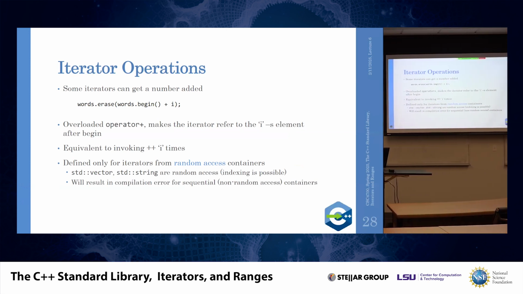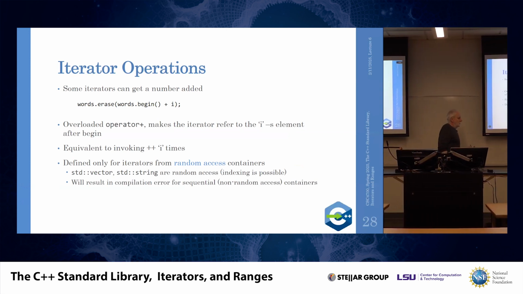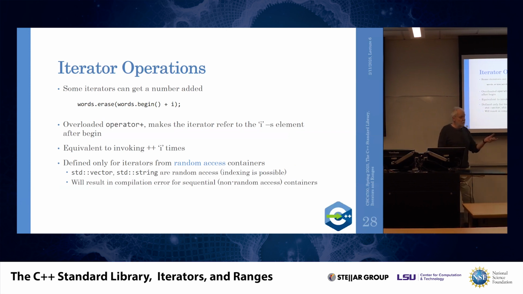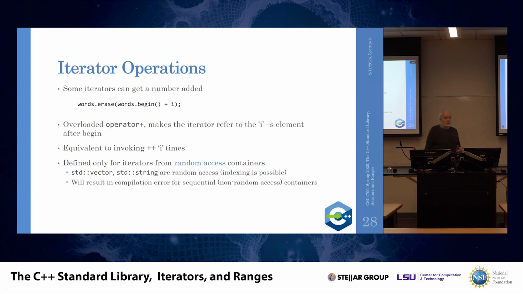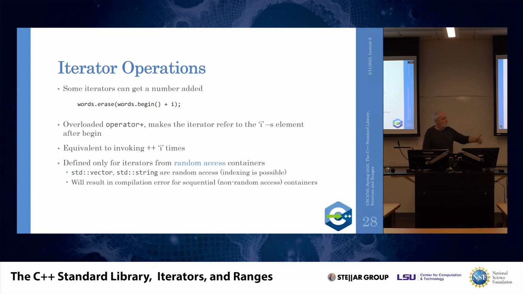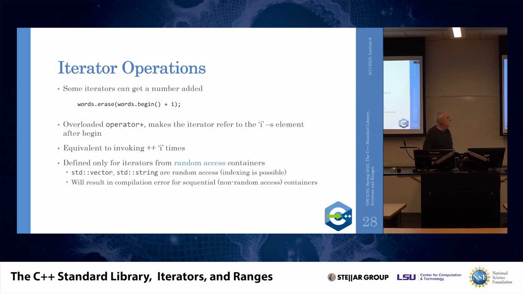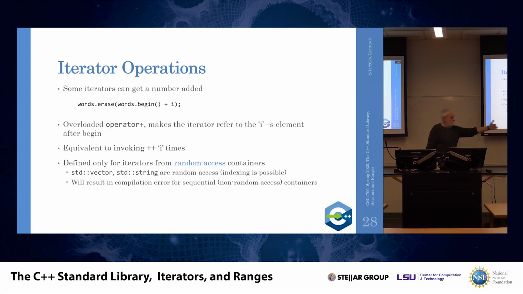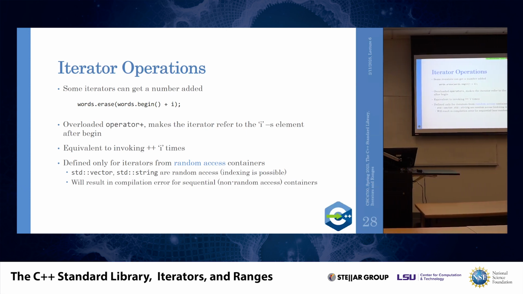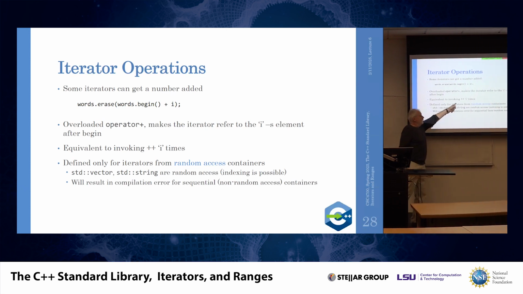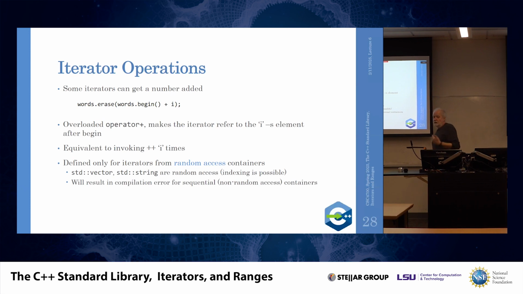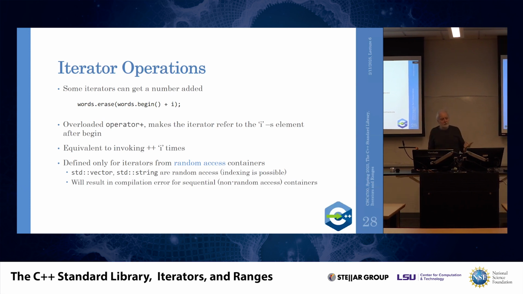Interestingly enough, some iterators are more powerful than others. I said normally an iterator can be incremented only to the next element, but some of the iterators can actually do more. They can be incremented by a certain amount, by a certain value of n. That means it will jump n elements ahead or n elements back, which is completely equivalent to invoking ++ n times. But since some containers support jumping around, like a vector, right?